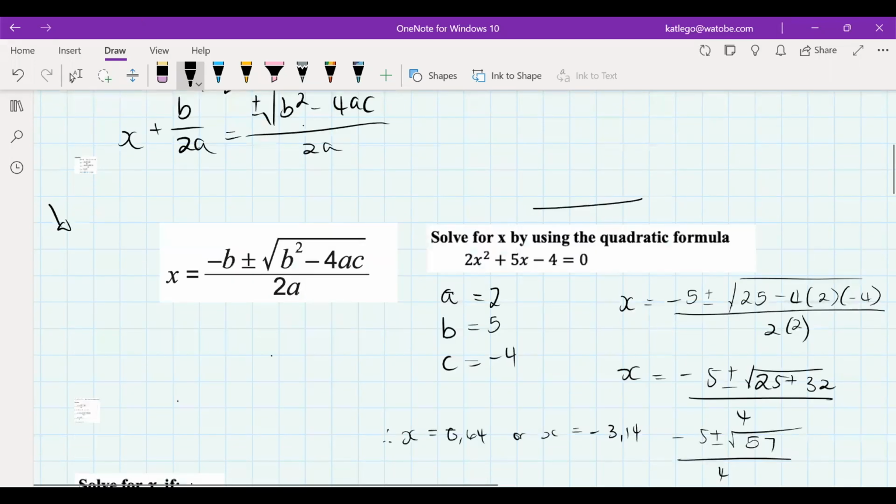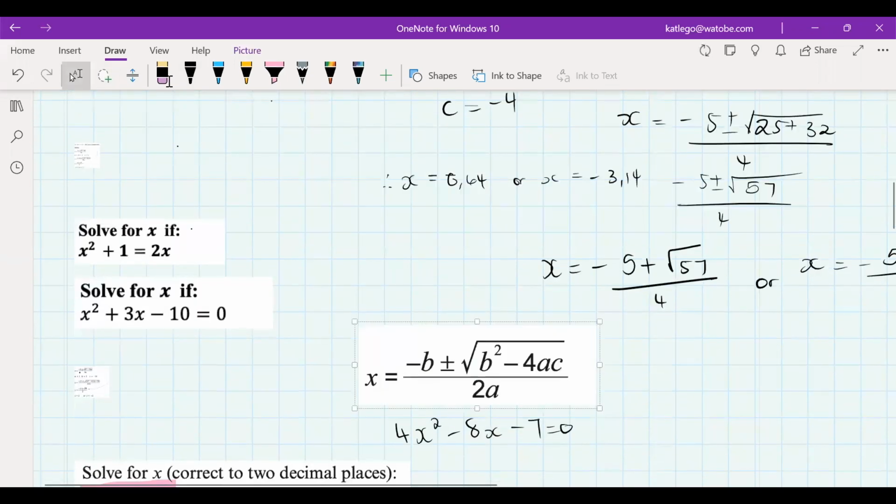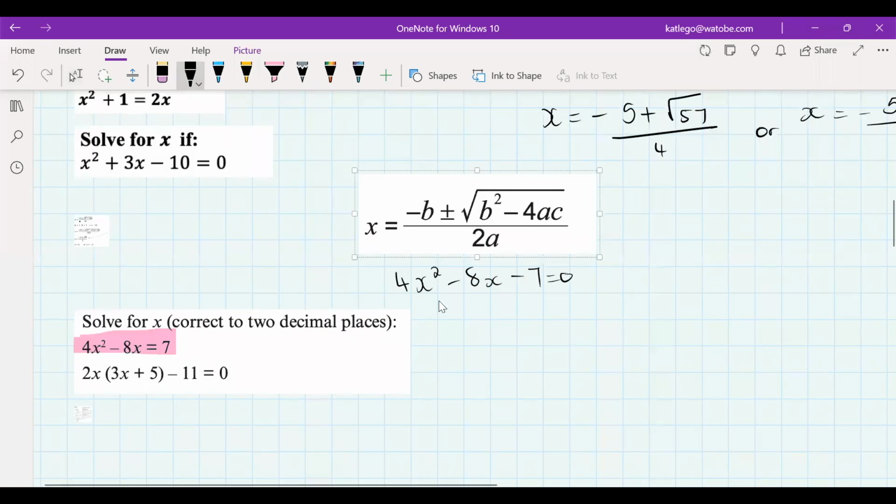I don't want to rewrite it, so I just want to move it down. So you're going to have x equals, whoever was asking if b is always positive, you have a minus that's already in the formula, but then you have a negative, which is in b, this one over here.